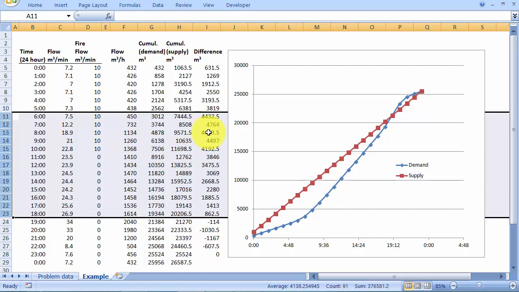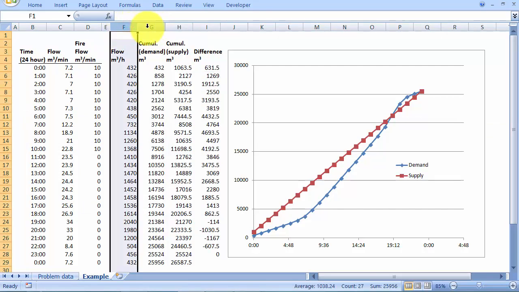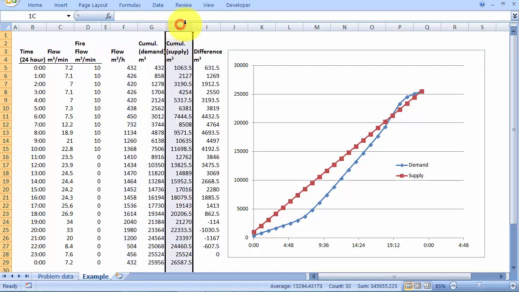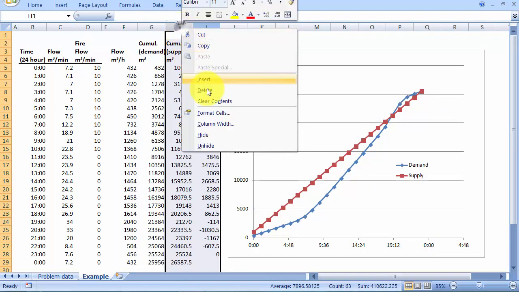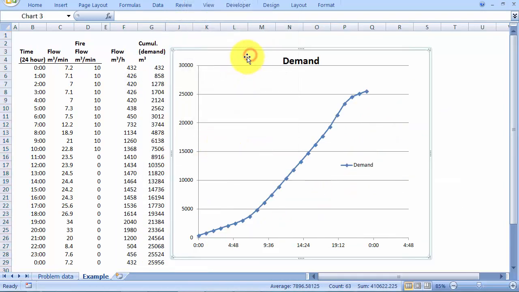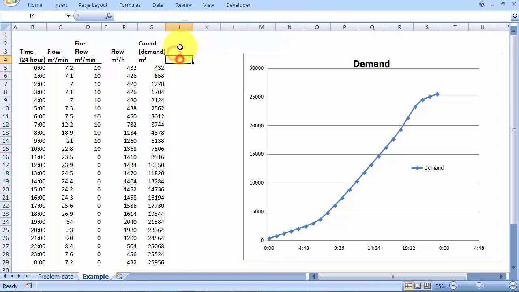If we were going to do that, then we would need to vary our values a little bit. So we still have the flow rate that's going to stay the same, and our cumulative demand will stay the same, but our supply and the difference will vary. So I might just hide these cells, and I'll leave the graph over there. We'll vary that in a minute.